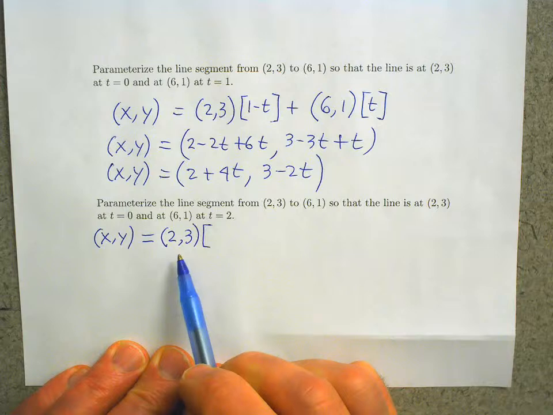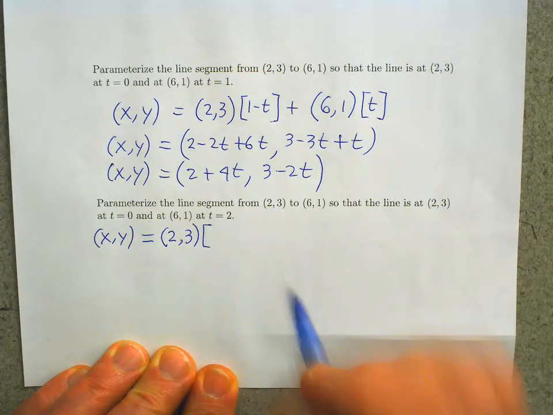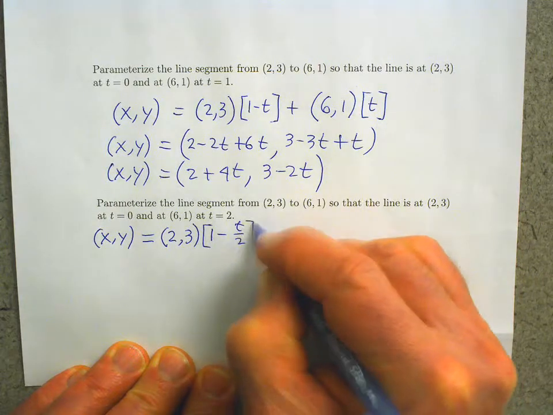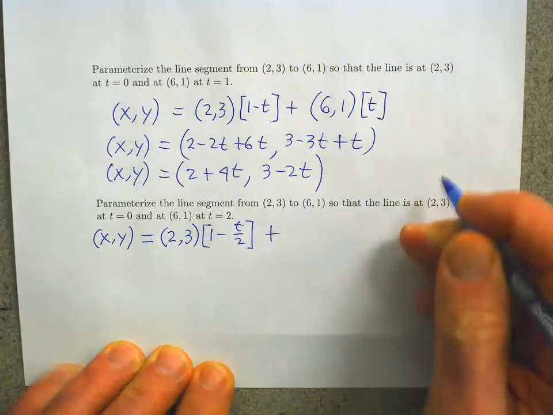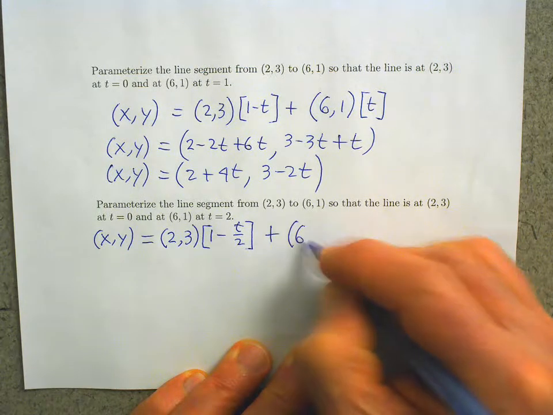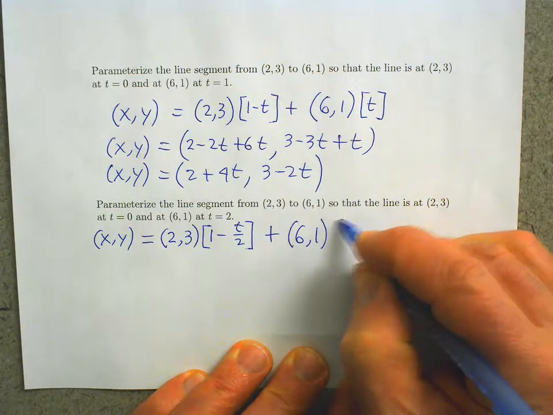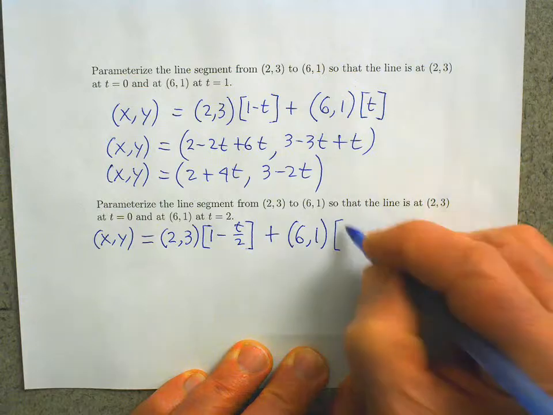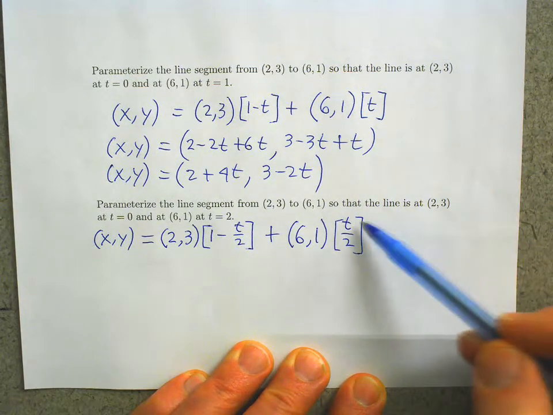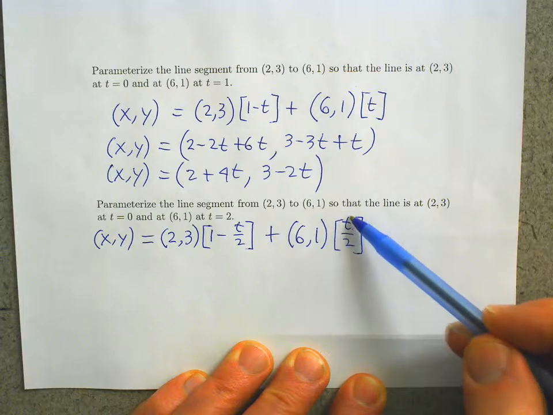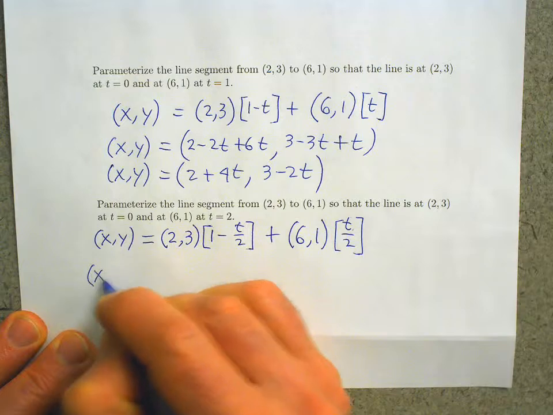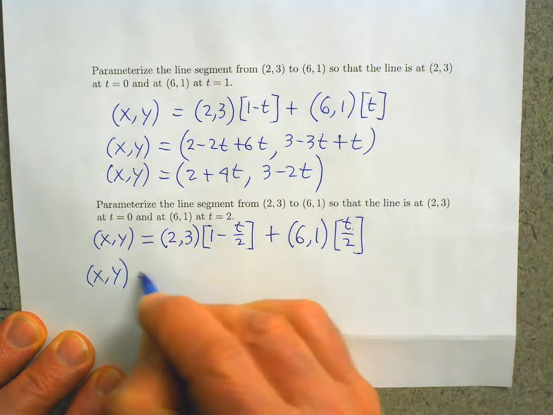So we're going to multiply the initial point, 2, 3, by 1 minus t divided by 2. And then the end point, 6, 1, we're going to multiply that by t divided by 2, which is what we want, because when t is 2, 2 over 2 is 1. So we'll simplify a little bit more.